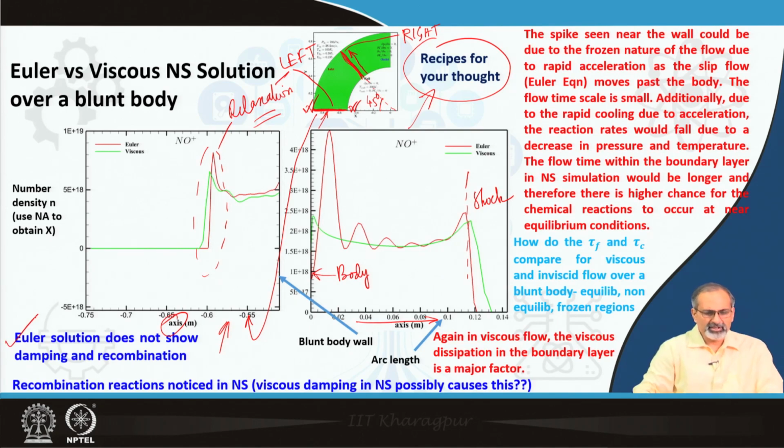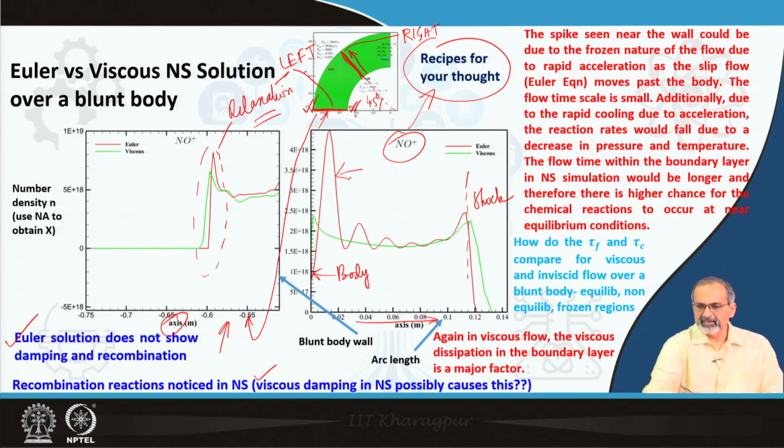The Euler solution does not show damping and recombination. We are commenting on it in the context of the NO plus number densities that we see. While recombination reactions are noticed in Navier-Stokes, possibly the viscous damping in Navier-Stokes may be the reason. So, this is a question for you to explore.